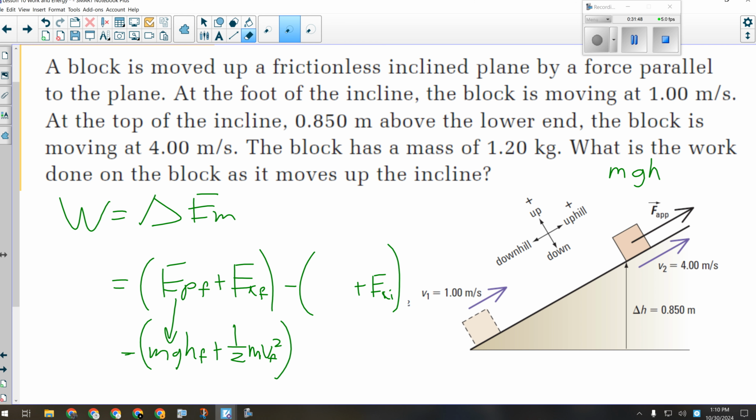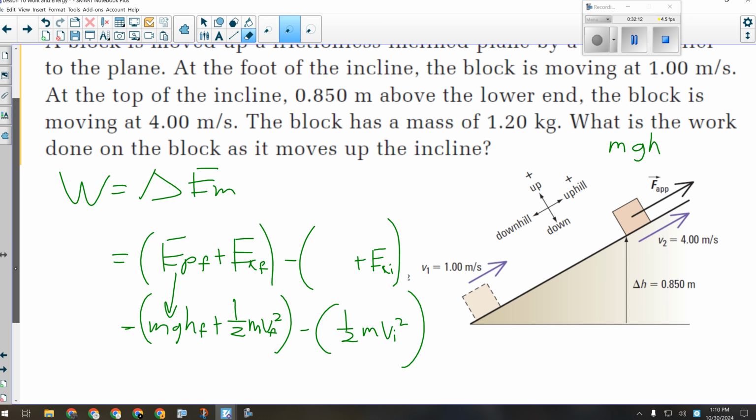And then I'm just going to subtract from that 1/2 times the mass times the initial speed squared. And that should give me the change in mechanical energy. Everybody all right with my reasoning there? Are those formulas, mgh and 1/2 mv squared, ringing a bell from last year?